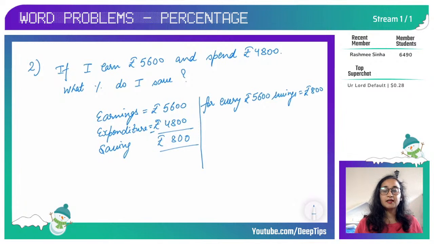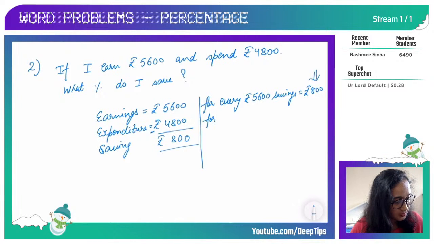Now children, again I want to remind you, here I have to calculate my percentage on the savings, so I am keeping my savings on the right hand side of the equals to. If you look on my screen, I am keeping my savings on the right hand side, correct? For every rupees 5600, my savings are rupees 800.